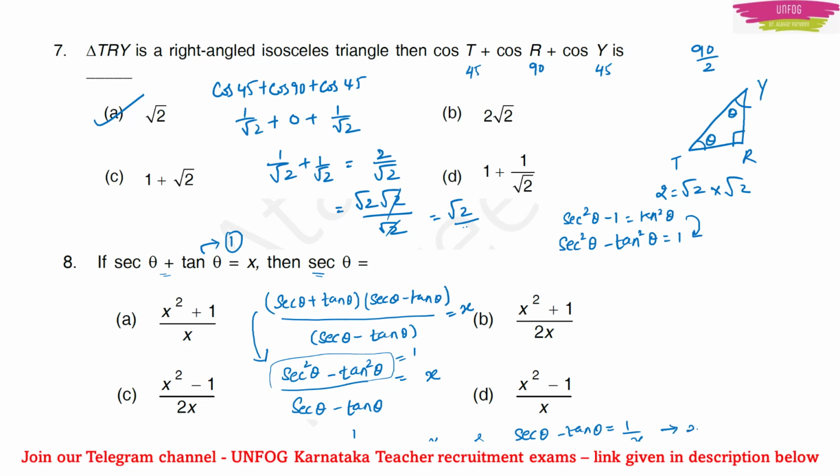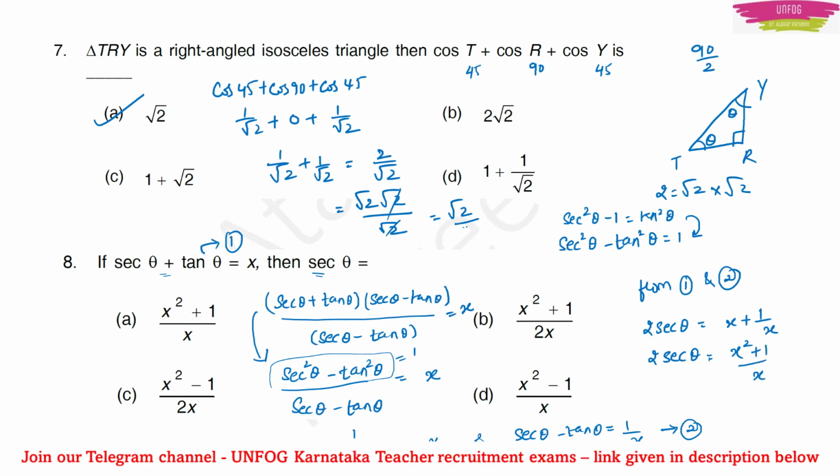Now let this one be 2. From 1 and 2, I can cancel tan theta if I add 1 and 2. So I will have 2 secant theta on the left hand side and x plus 1 by x on the right hand side, which is (x square plus 1) by x.